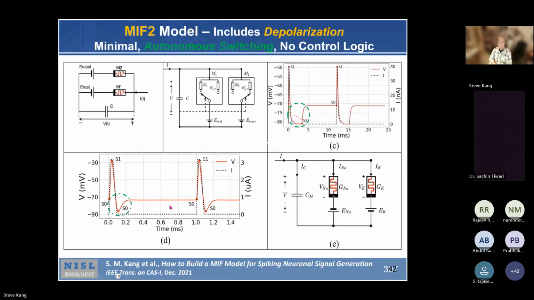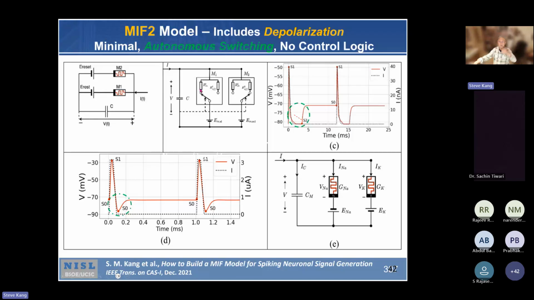Now, we don't quite get that. So what we want is to get this negative thing: the rest potential, and then hyperpolarization, and then do this sort of thing. For that, we need two memristors. So we have one reset voltage, one E-rest potential, and then a current comes in, and this is the voltage across the capacitor.